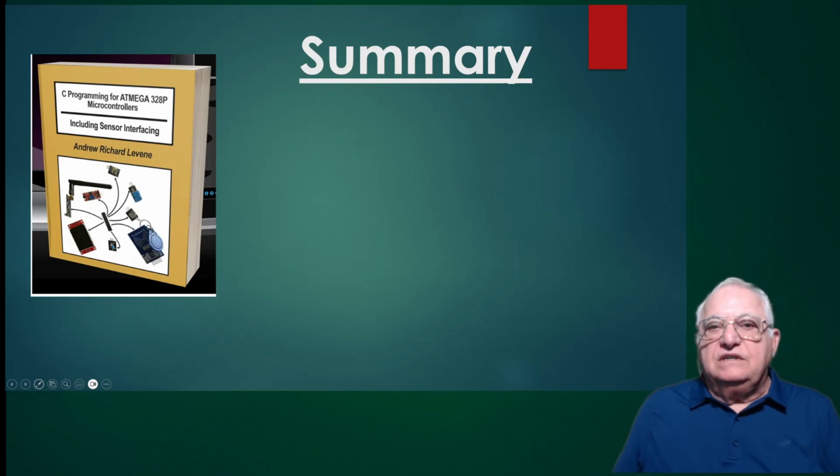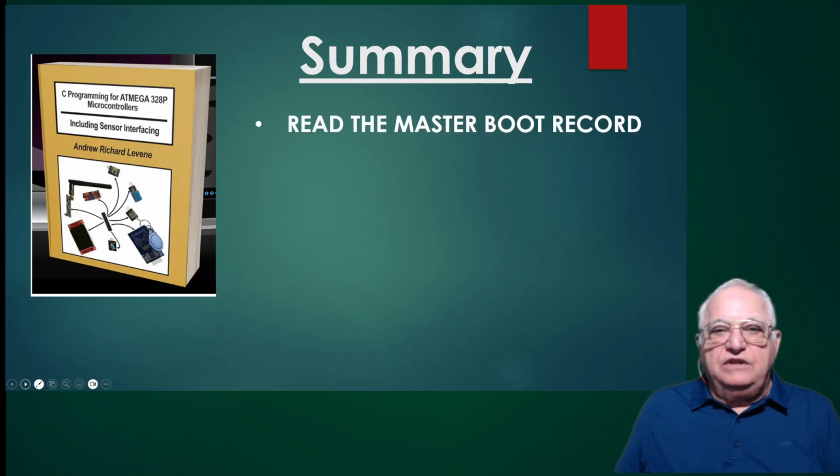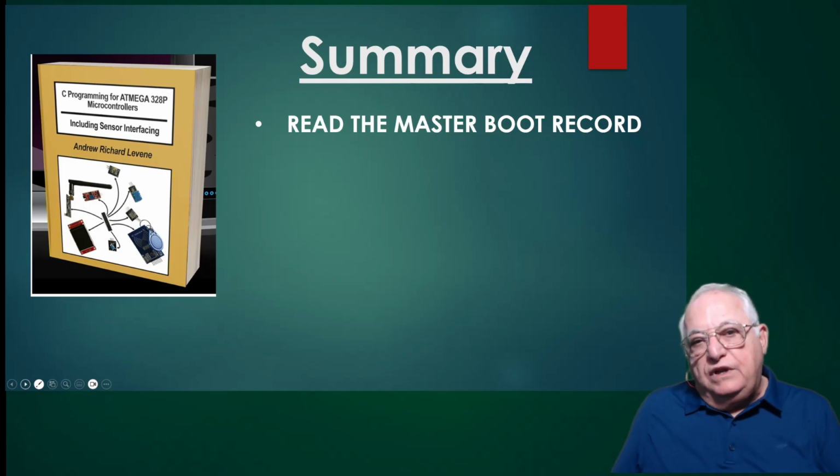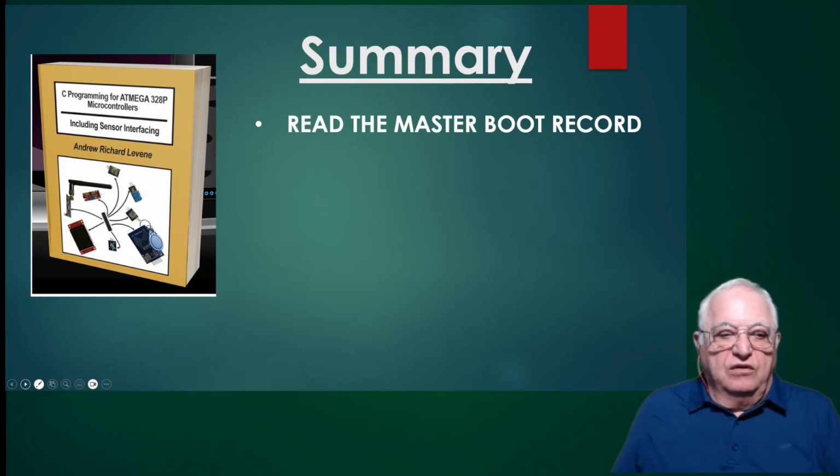Okay, so today's summary. The first thing we did was read the master boot record. So we started with a file name, which is what we want to store or we want to read. And okay, if I want to read it, how do I find it? First we go to location 0, we read that sector and then get the record.